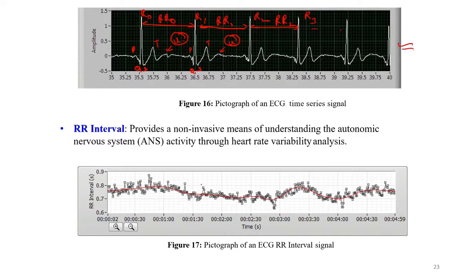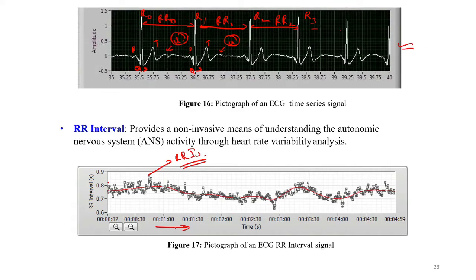So if you see, as time progresses, we are getting certain points. See, there are a series of points. Okay, what are these series of points? These series of points are nothing but the RR intervals. Okay, and hence this signal, where we have the y-axis as the RR interval, is regarded as the RR interval signal.